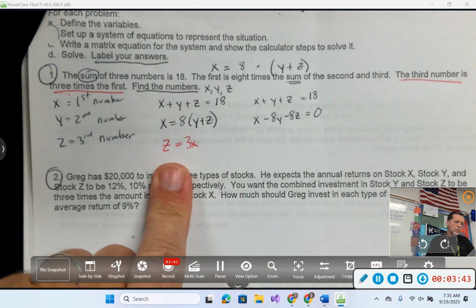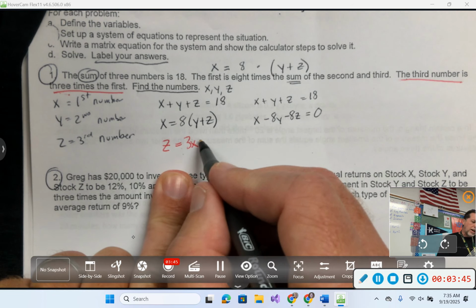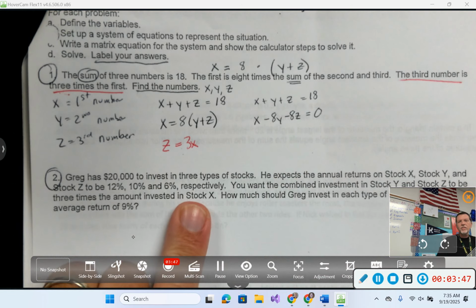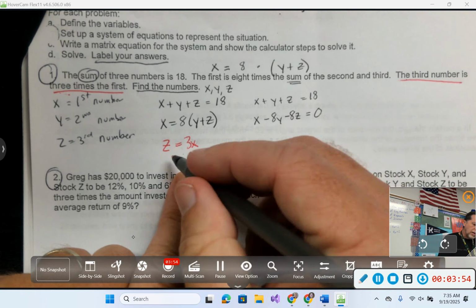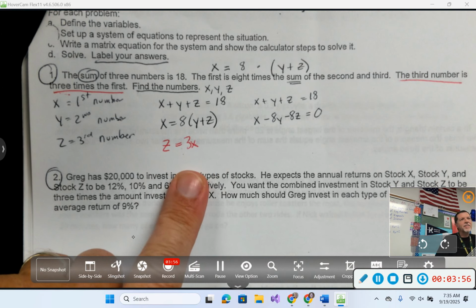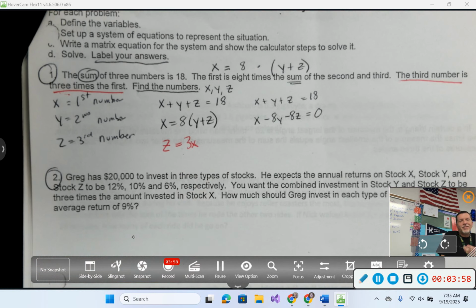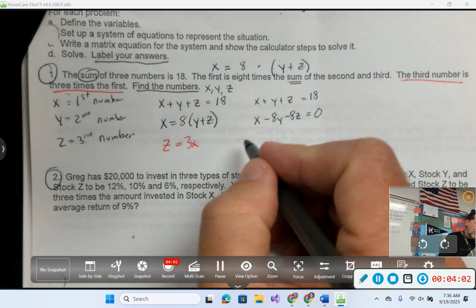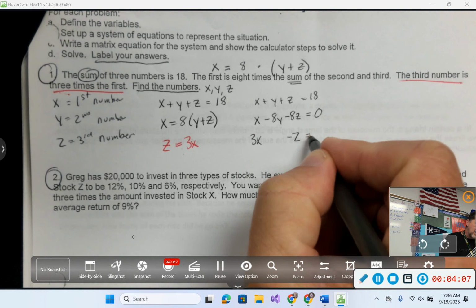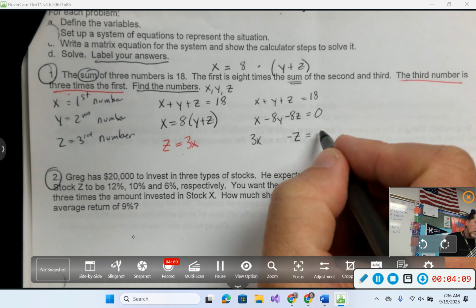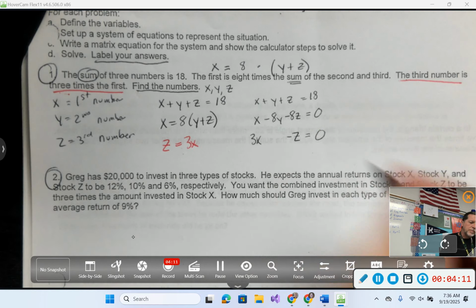And then this one, I guess I could subtract the Z over or subtract the 3X over. It doesn't really matter. Which one would you want to do? Move the Z or move the X? It's just a preference thing. So if we move the Z over, we have 3X minus Z. What would that equal? 0.